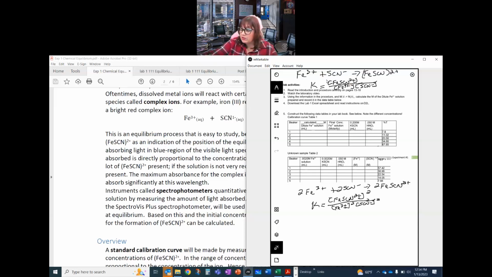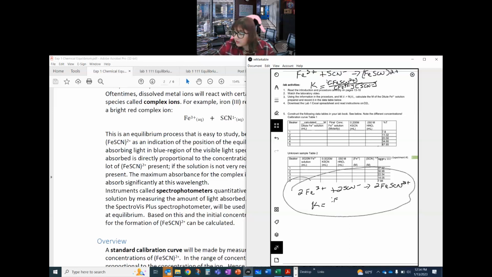All right, I'm going to erase all of this stuff that I did here so that when we want this piece of paper, it will be clean. Because I'm going to be using this.